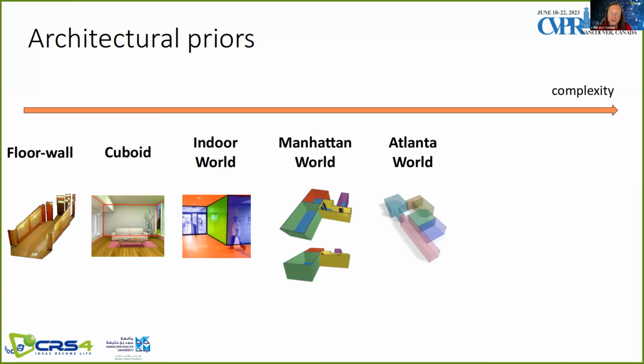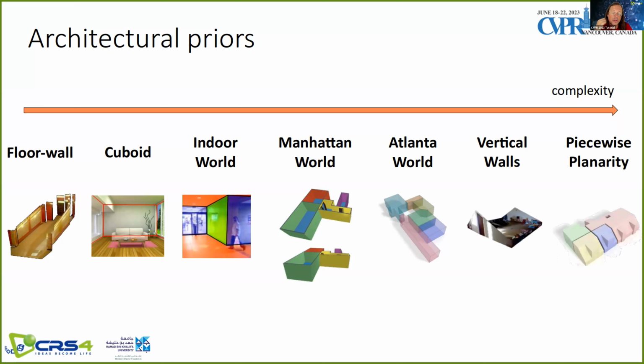If you want to allow the floors and ceiling to be sloping while keeping the verticality of the walls, you obtain what is often called the vertical walls prior. And finally, what is also used in some works is the piecewise planarity, which means that we can also have sloping walls. So in this final case, rooms can be general polyhedra.